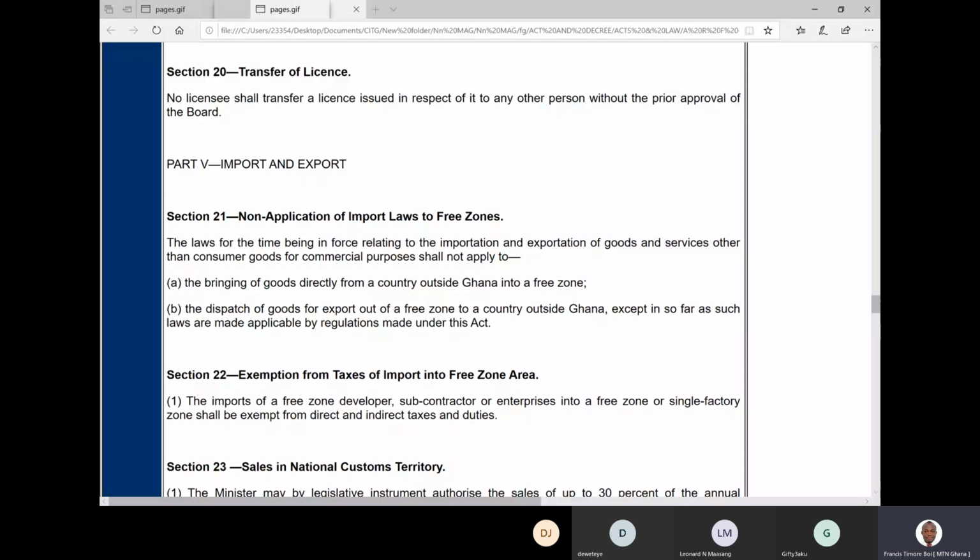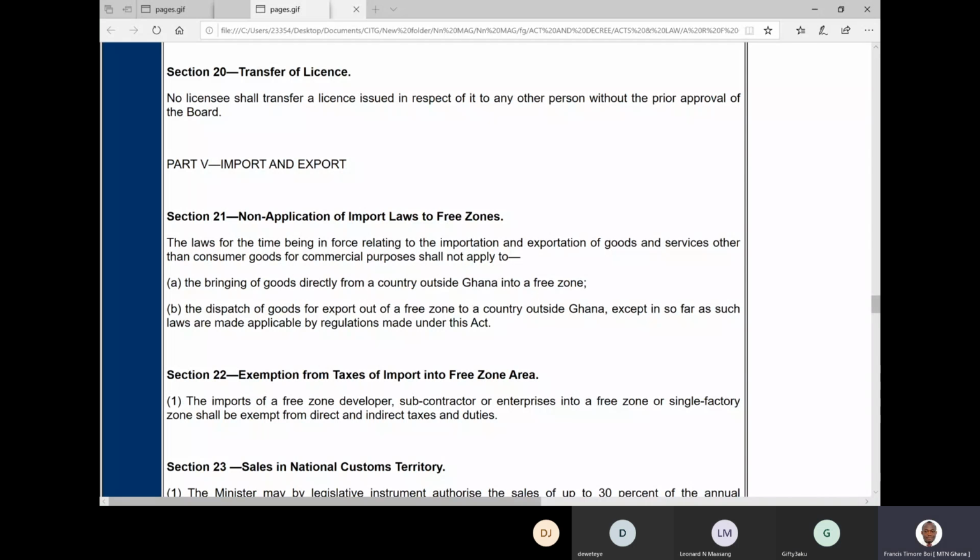2. A domestic enterprise is eligible to benefit from the prevailing export incentive available to a national exporter and shall not require an export license for the sale of goods and services to enterprises in the free zone or single factory zone.